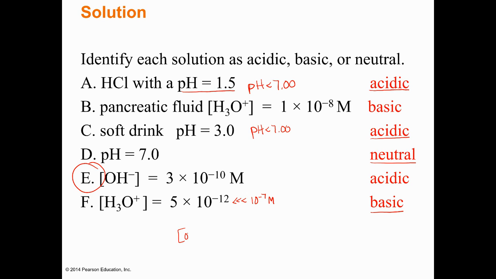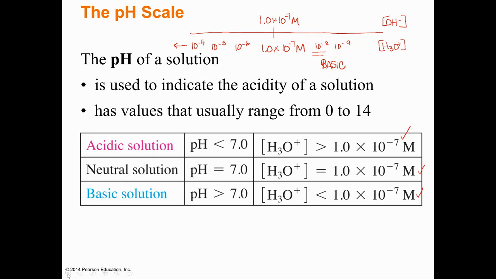So you're going to have hydronium equal 1.0 times 10 to the negative 14 divided by that number, and what you're going to get, back on our chart, is an H plus that's bigger than 10 to the minus 7. So that's going to make that acidic.